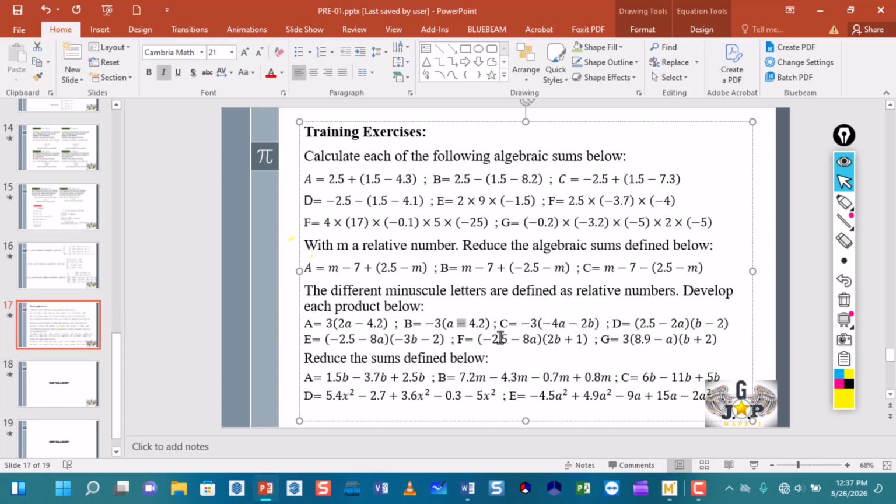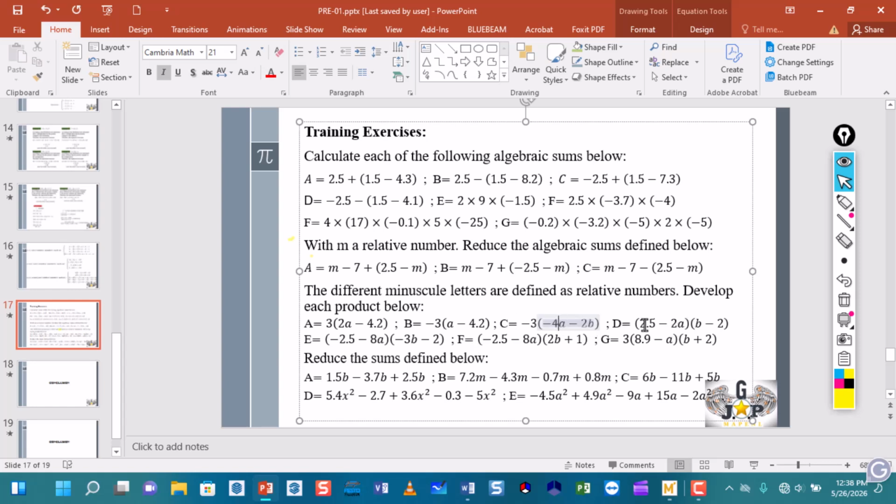Then you will be able to sort out this expression. If it's not enough, feel free to comment or shoot me an email, then I will be able to cover it for you. So the same thing you're gonna do for B and C.